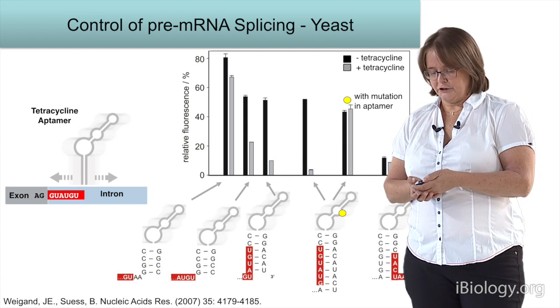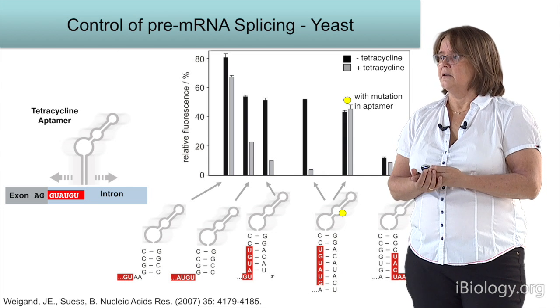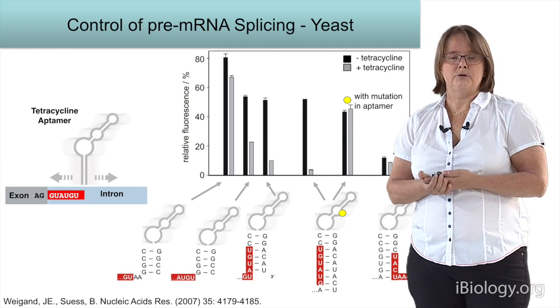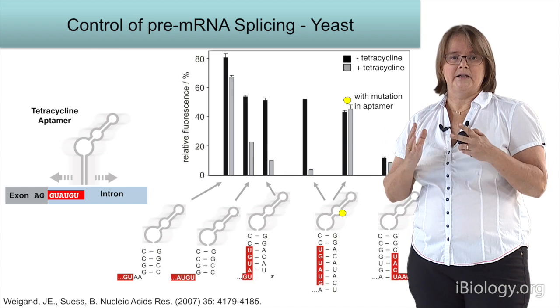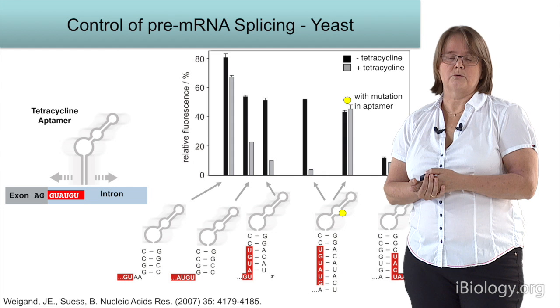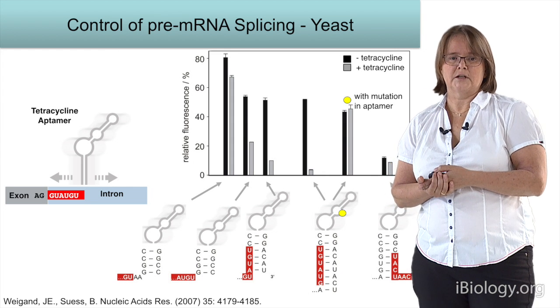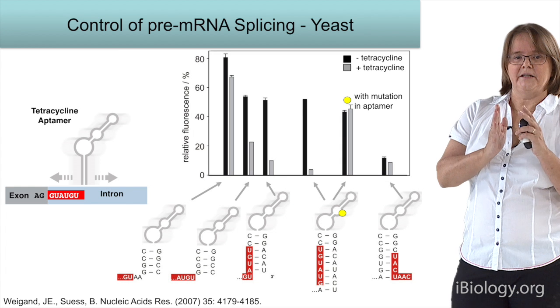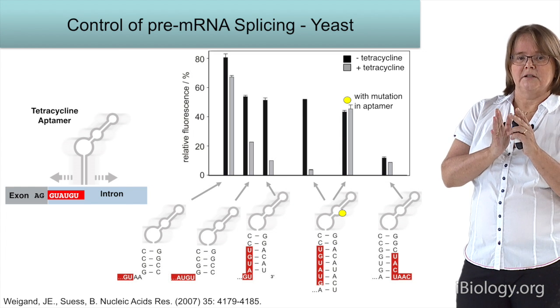And what you can see is that as soon as you are very close to the splice site, then you can nicely inhibit gene expression, as you can see on the gray bars. And the best construct we have is if the splice site is completely integrated within the closing stem.